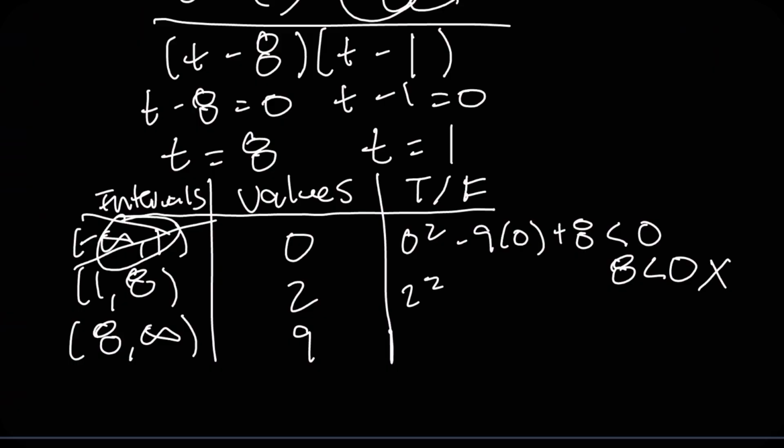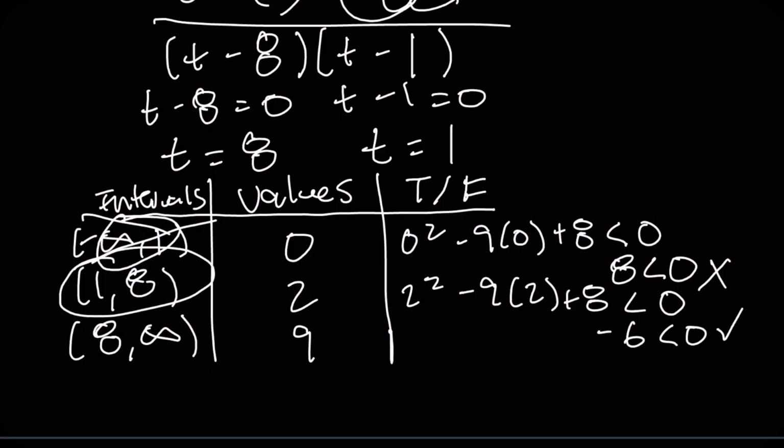So we'll have 2 squared minus 9 times 2 plus 8, and we want to see if that's less than 0. So that will give us a negative 6 is less than 0, which makes sense. So potentially we can include 1 and 8 as our values, and then finally 9 squared minus 9 times 9 plus 8 less than 0, and that will give us again an 8 less than 0, which doesn't make sense.